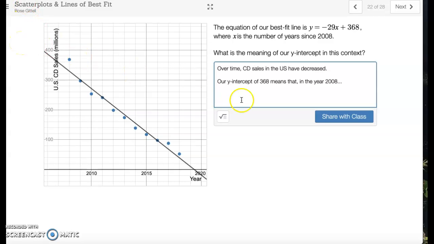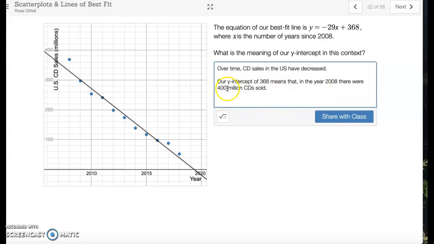Beginning with the y-intercept, our y-intercept of 368 means that in the year 2008, so that initial value, it looks like there were about 400 million CDs sold.